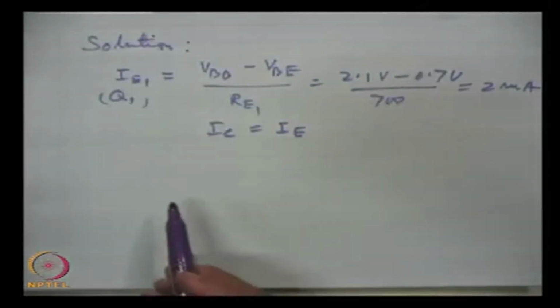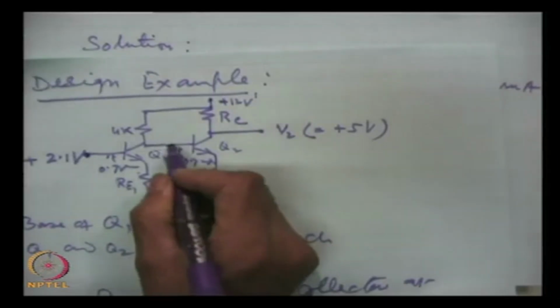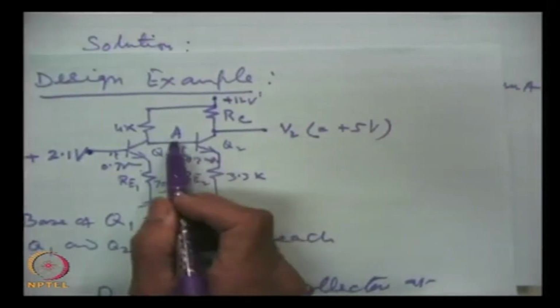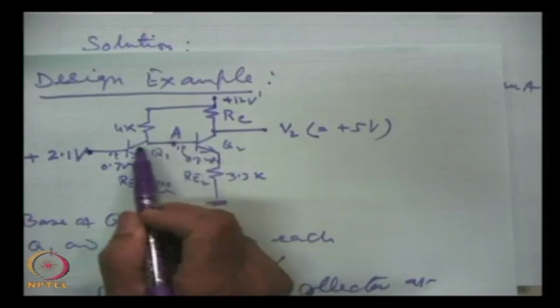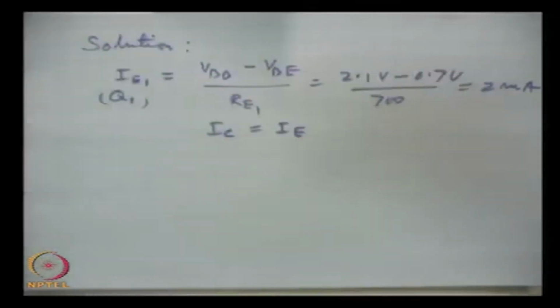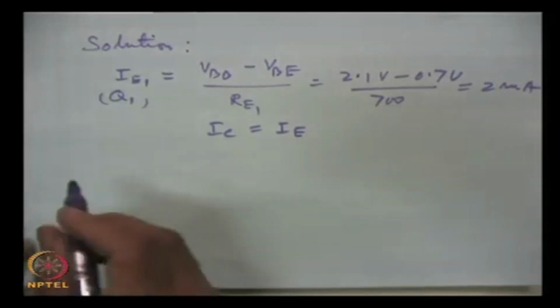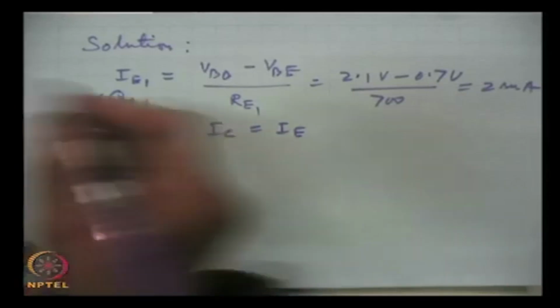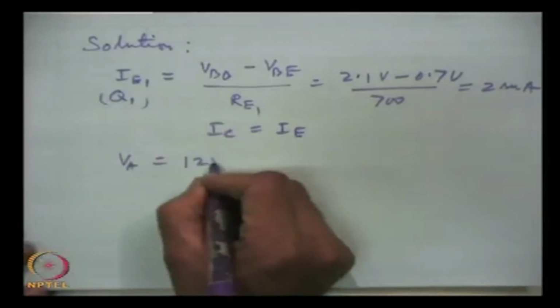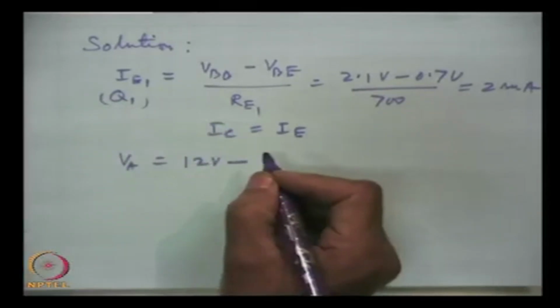Let us put this point A here. The potential here will be the same as the collector of Q1 or the base of Q2. So VA you get by applying Kirchhoff's voltage law, with 12 volts here.